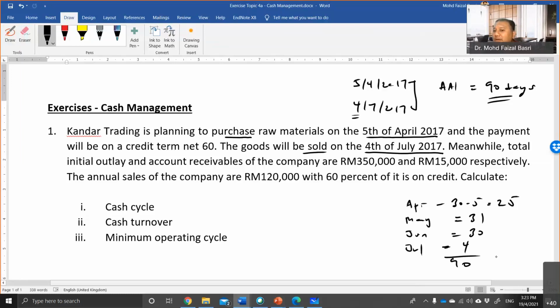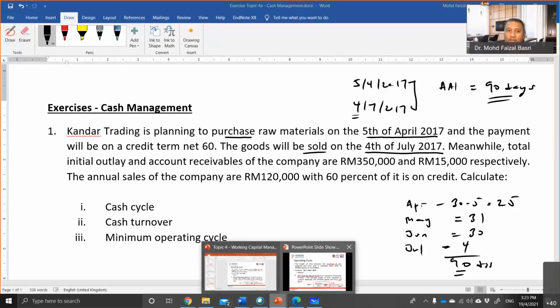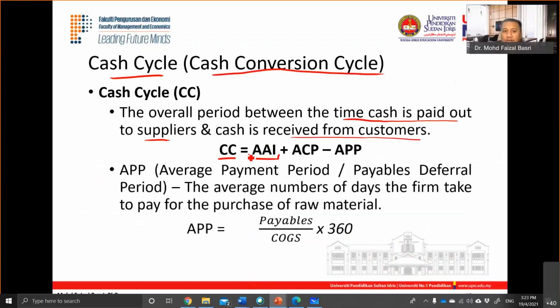And we found our EAI is 90 days. So that's number one of our cash cycle, our first part, EAI. Clear? If not clear, just let me know. Otherwise I go straight to the second one now, which is ACP.